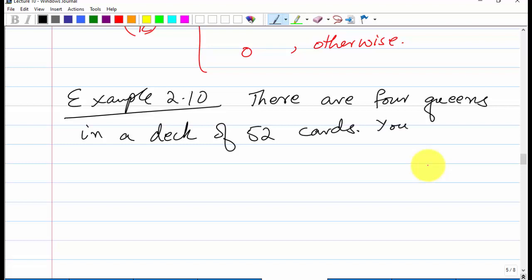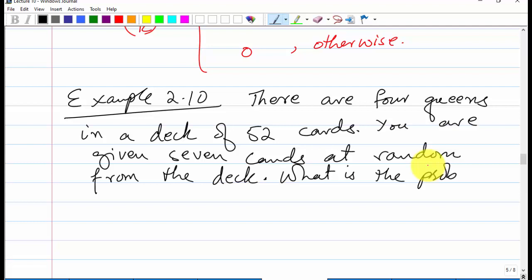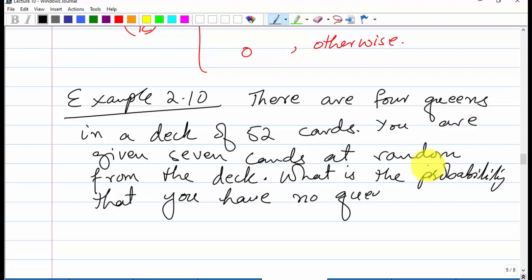You are given 7 cards at random from the deck. What is the probability that you have no queens?